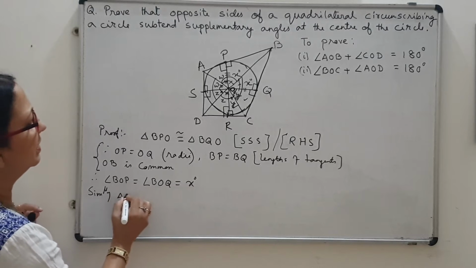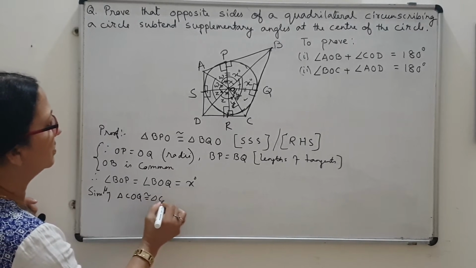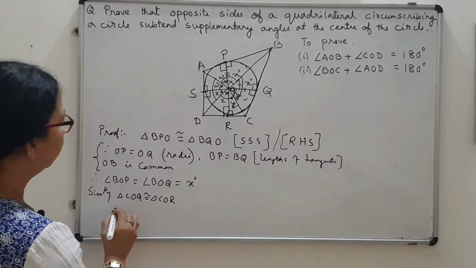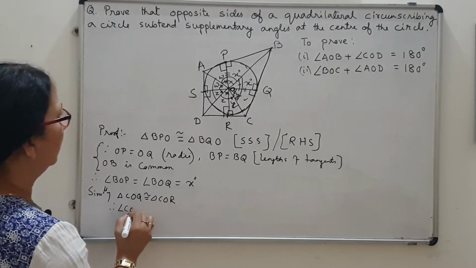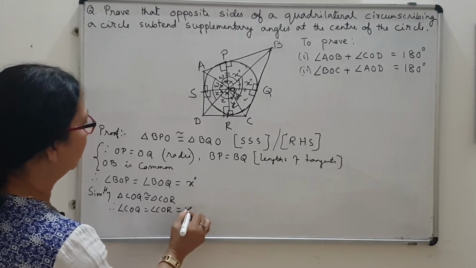Similarly, triangle COQ is congruent to triangle COR. Okay, and therefore angle COQ is equal to angle COR is equal to y degrees, say.